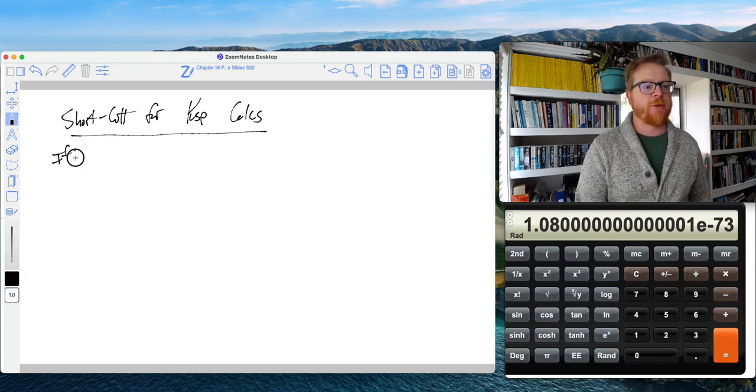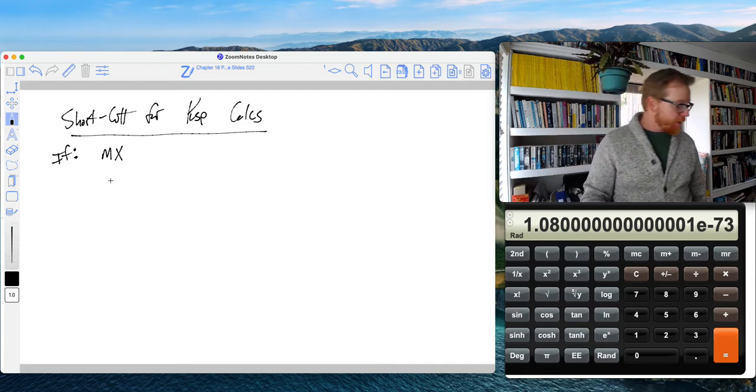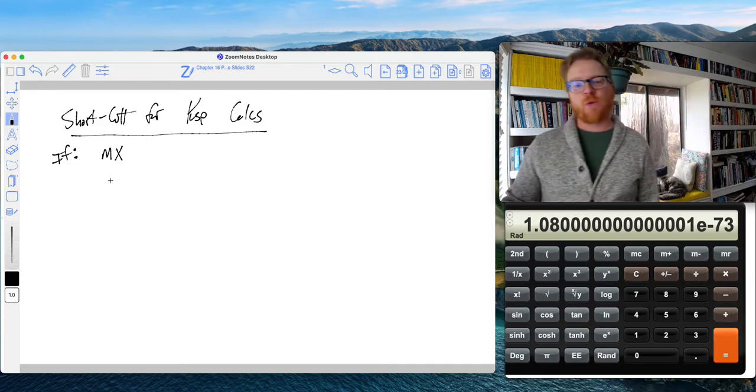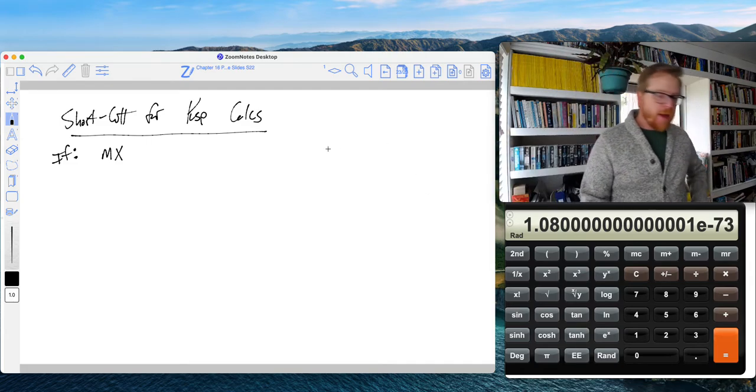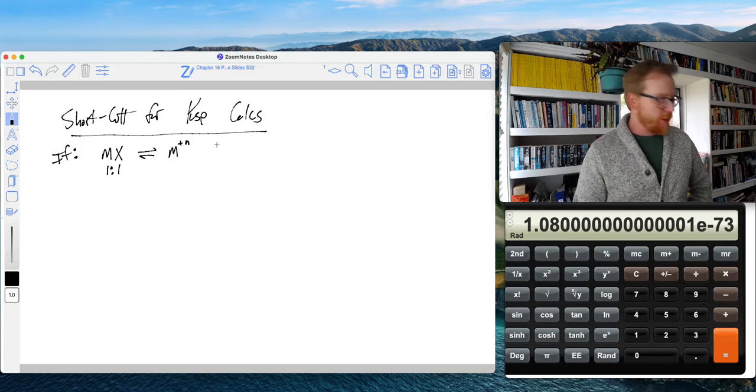If, for example, we have a solid that's MX, where M stands for the metal and X stands for the ligand, then we recognize this is a 1-to-1 solid. So it will be in equilibrium with M plus n and X minus n.